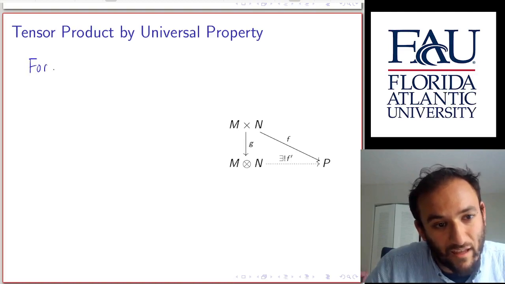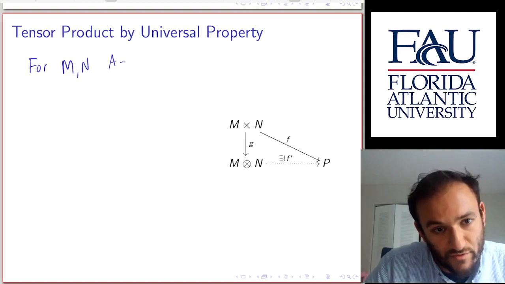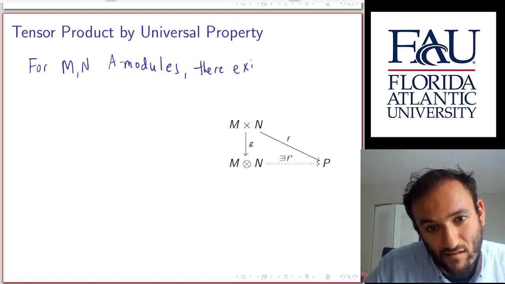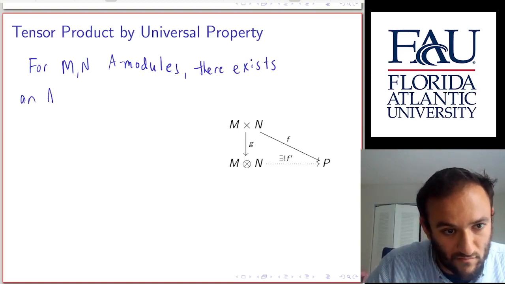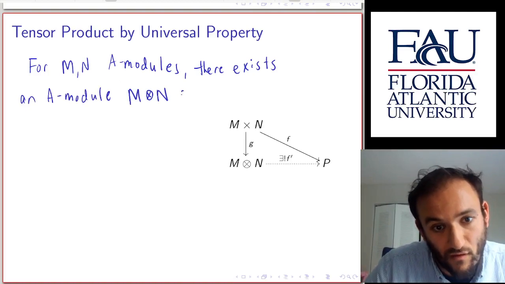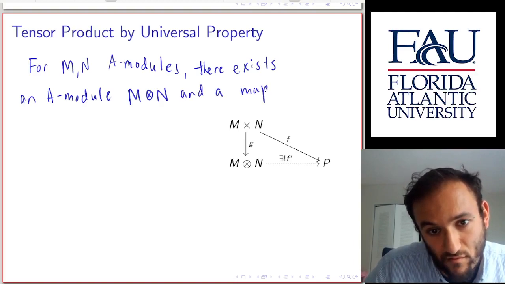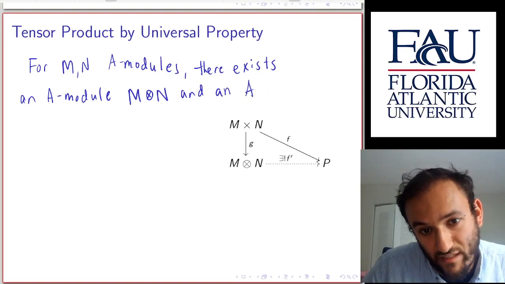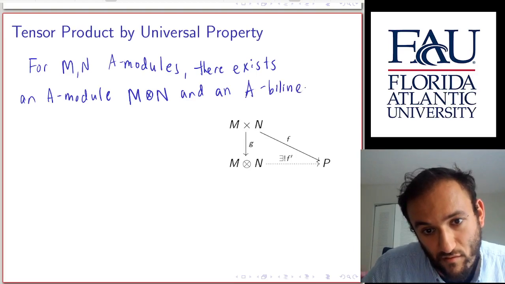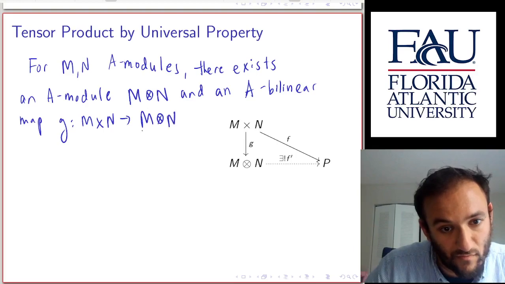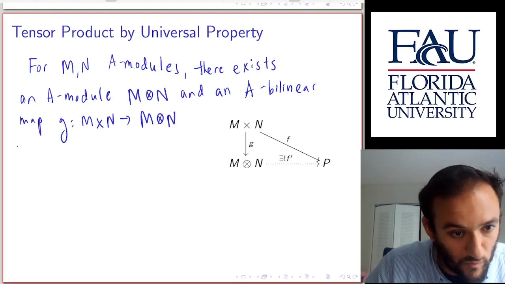So for M and N A modules, there exists an A module called M tensor N and a map, say an A bilinear map g from M cross N to M tensor N with the following property.